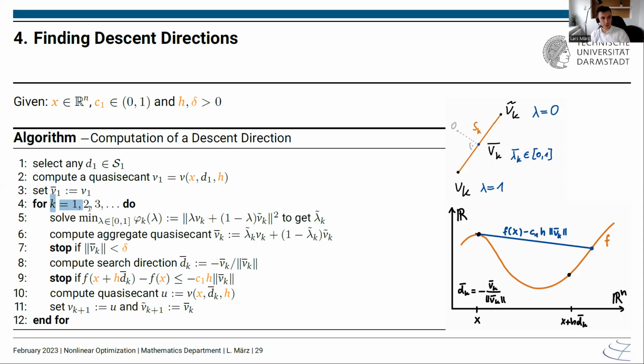Now in each iteration, solve the following problem. This means that we want to find the lambda such that the distance to the origin on that line segment sk is minimized.